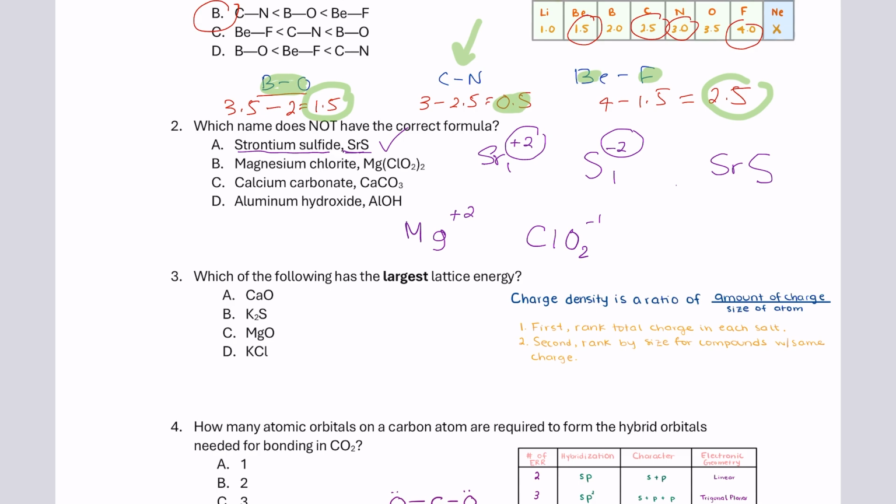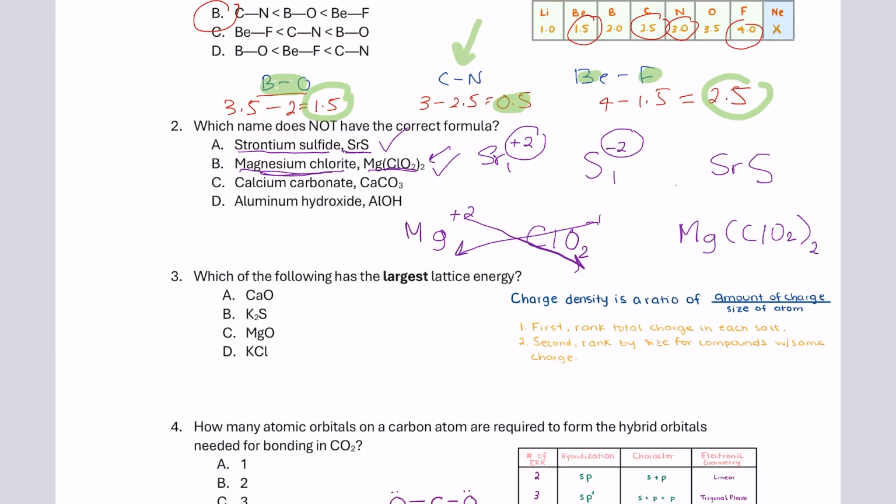We can determine this also by just swapping the charges for ratios. So magnesium 1, which we will not explicitly write, and then ClO2, and this is going to be 2 of these chlorite polyatomic ions. What we see here is a correct pairing of name to chemical formula. So B is also correct.